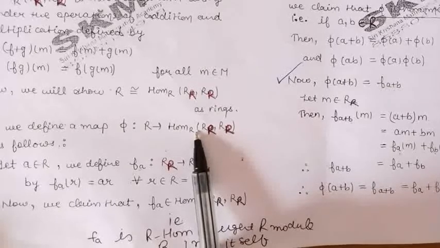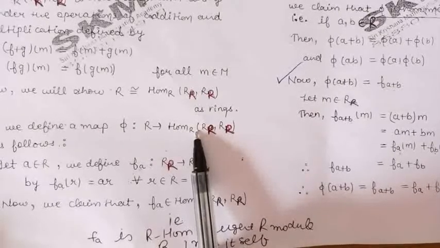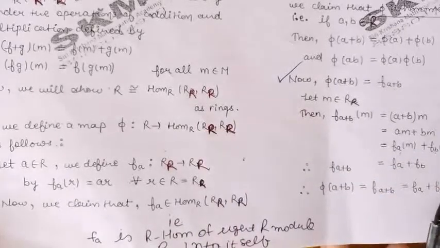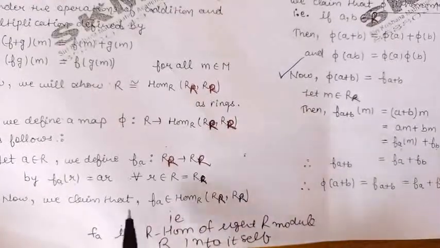So we will have to find a mapping from R to R which is a homomorphism of modules. First of all, we will have to define that mapping.